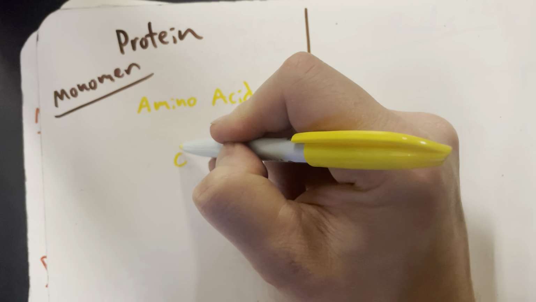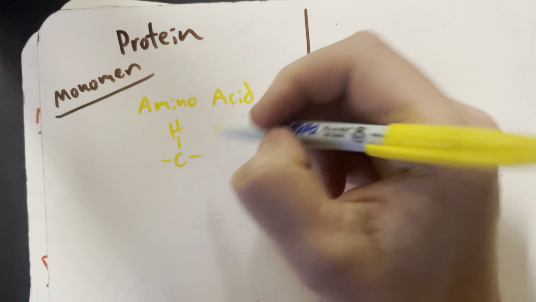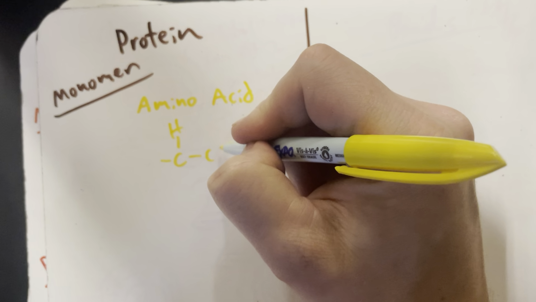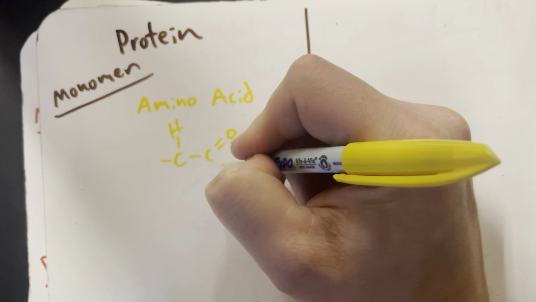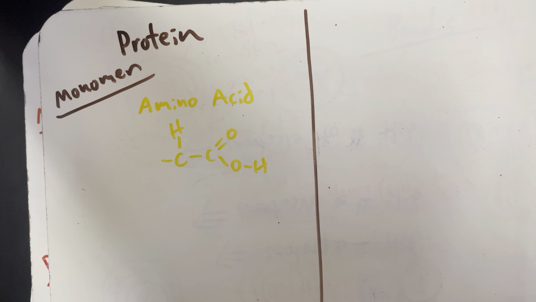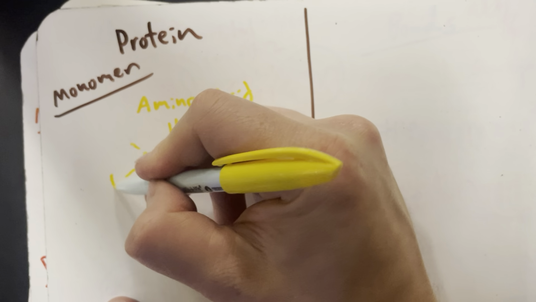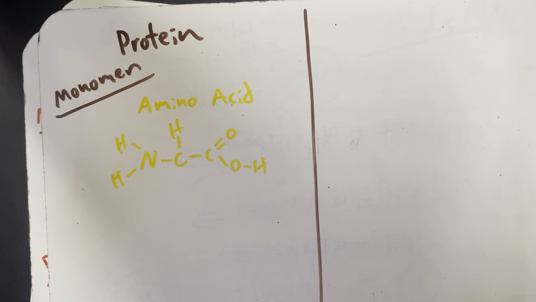They have a central carbon, H right there. This side has a carboxyl group, C double bond O and OH, right? We've seen that on fatty acids as well. Over on this side, we have a nitrogen. That's our amino acid.